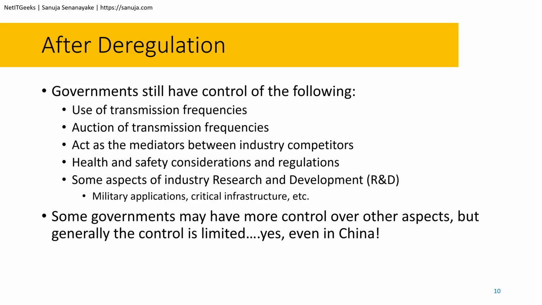Some governments may have more control than other governments. Even in China, however, there are some limitations on what the Chinese government can do. For example, a lot of Chinese people use VPNs to connect to Western sites and media sites, and even upload information from inside China. There is little control the Great Firewall can exert, because there are certain ways to circumvent it.